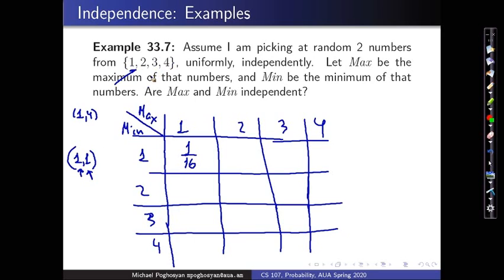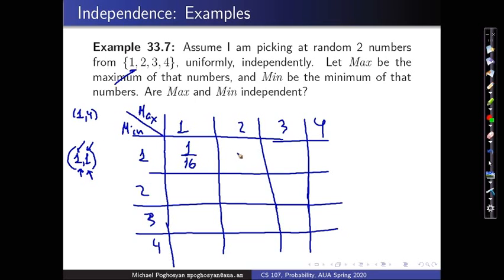Because I am choosing two times independently a number from 1 to 4. The first time, the probability of choosing 1 is 1 over 4, and the second time choosing 1 is again with probability 1 over 4, so 1 over 16.